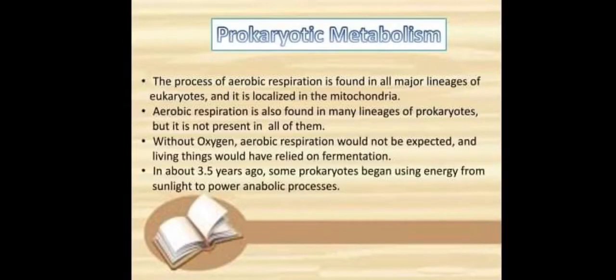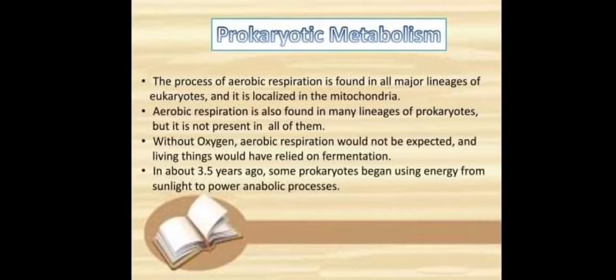Now, let us learn together prokaryotic metabolism. Many important metabolic processes arose in prokaryotes, and some of these, such as nitrogen fixation, are never found in eukaryotes. The process of aerobic respiration is found in all major lineages of eukaryotes, and it is localized in the mitochondria.